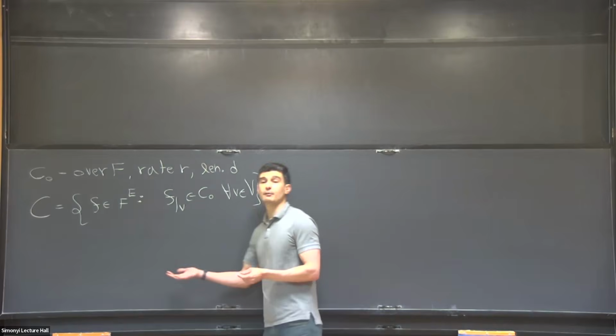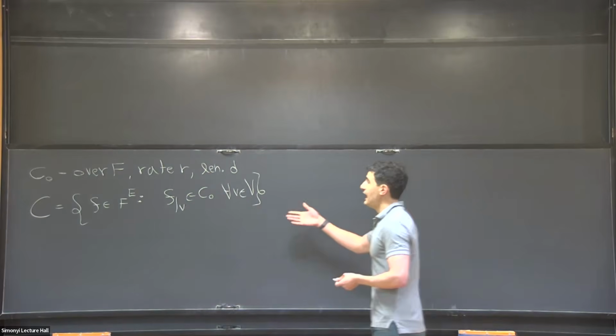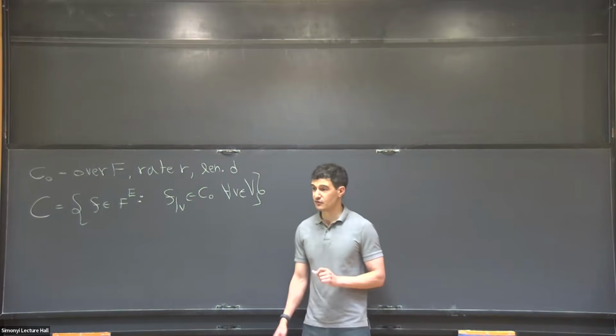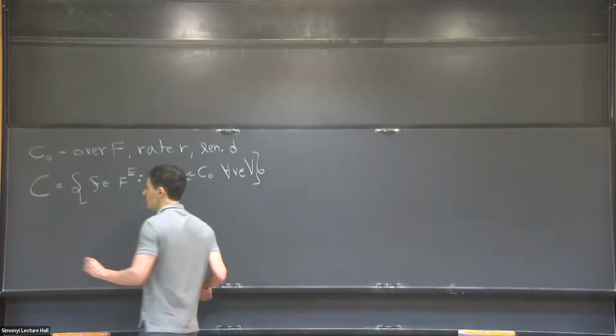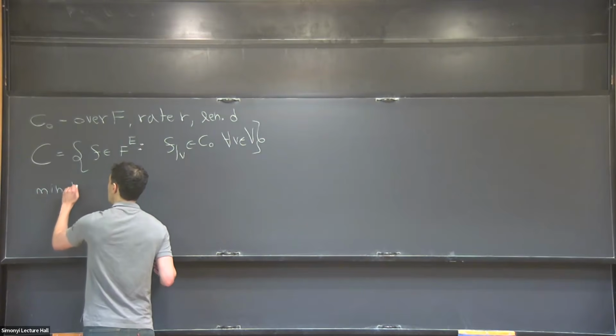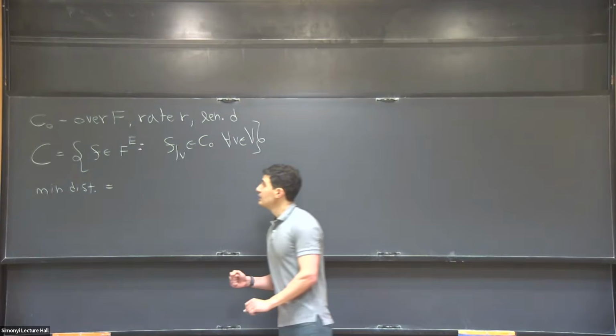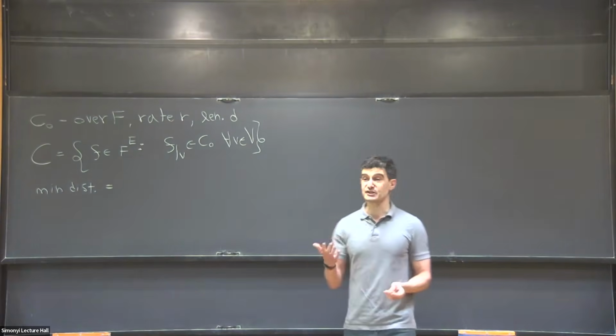Now the two main parameters that you care about are the rate of the code and the relative minimum distance. The distance of the code follows from the expansion of the graph.